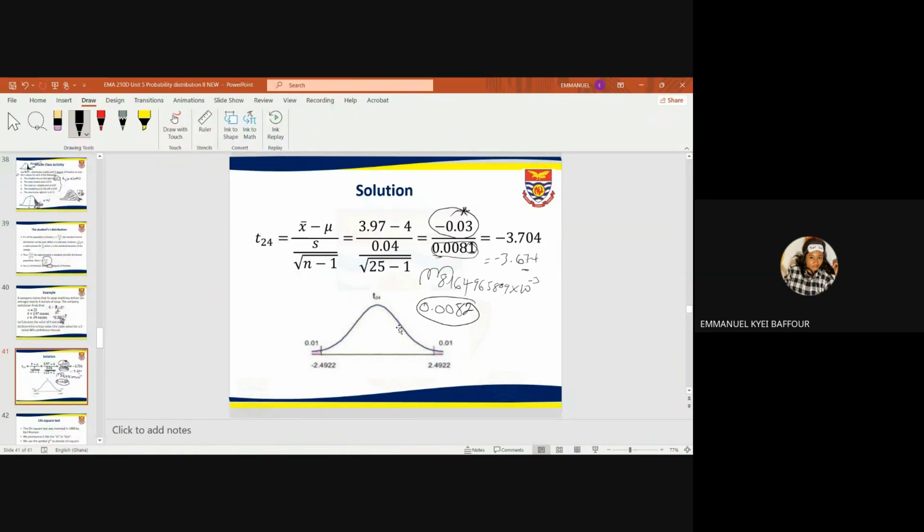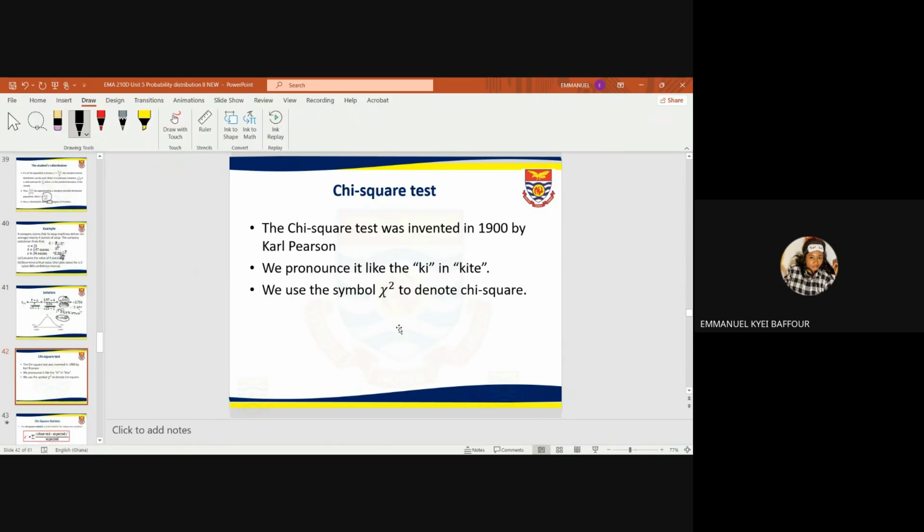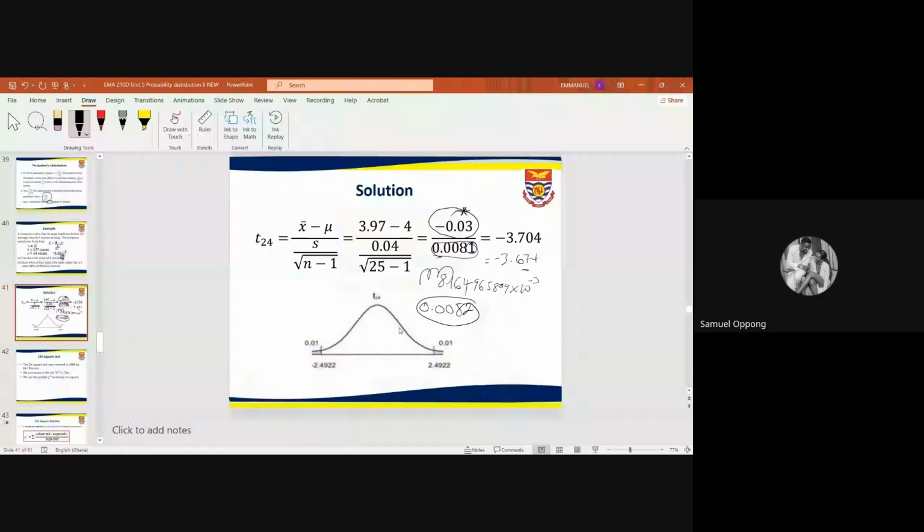Then hypothesis testing will come in and you will be using the Z and then the T distributions more frequently. So please don't throw them away. I'm really tired. So we want to look at the chi-square probably next week when we meet. All right, sir. Thank you, sir.